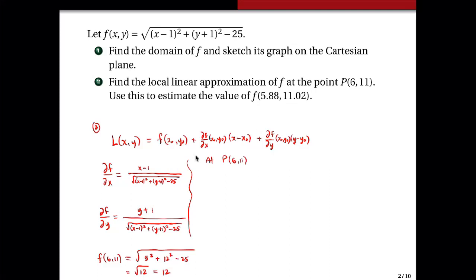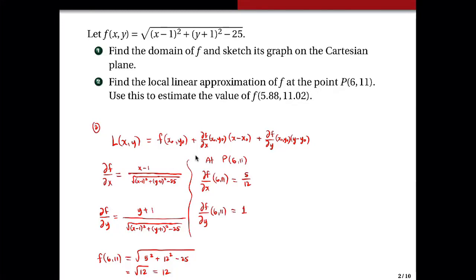We will have the partial of f with respect to x at (6, 11) equal to 5 over 12, and the partial of f with respect to y at (6, 11) equal to 1. Correct? And we also have f(6, 11), which is equal to 12.